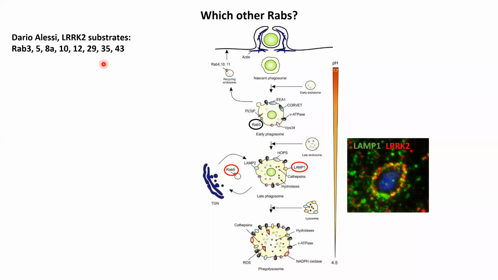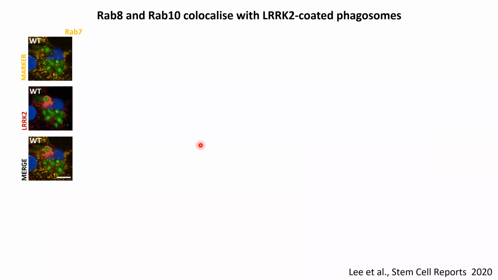So we wanted to know which other RABs might be involved at this point in the maturation pathway and what the downstream consequences of that might be. There aren't good antibodies for all of the RABs, and we're specifically looking at endogenous protein, not exogenously expressed protein. So we're rather reliant on antibodies.